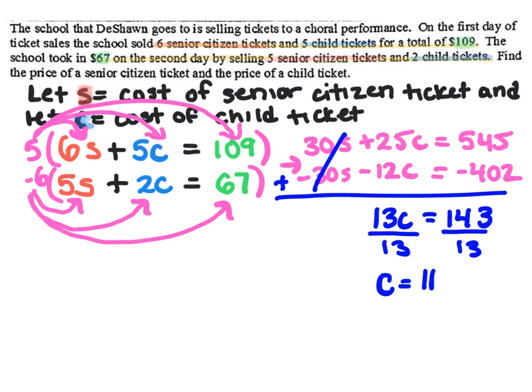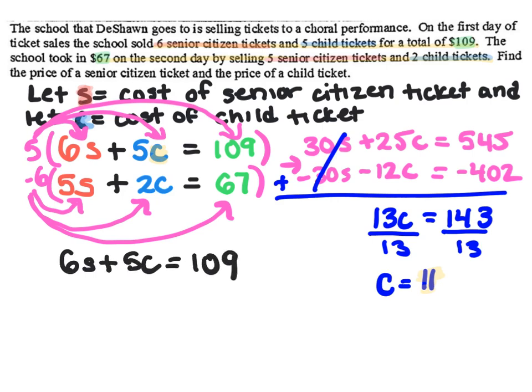Now to finish solving, I have to substitute my value of 11 back into one of the original equations. So if I choose to substitute this 11 into this c in the first equation, my original equation was 6s plus 5c equals 109.